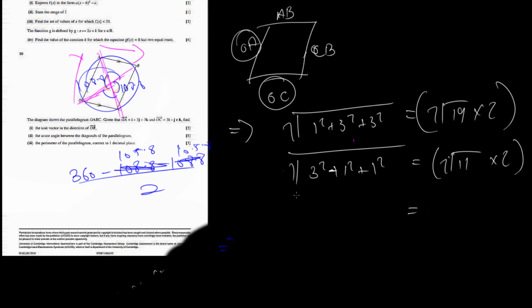And all you have to do is simply add up our values, and that should give us root of 19 multiplied by 2 plus root of 11 multiplied by 2. That should give us the answer to be 15.35. And that is the end of the entire paper.